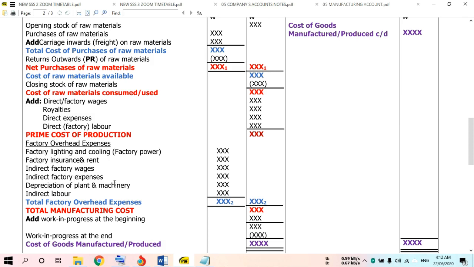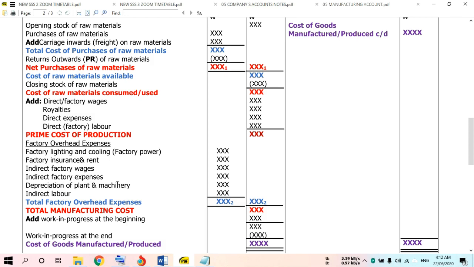But when it comes to depreciation, we may have depreciation of office equipment, or of plant and machinery, or of motor van, or of building, or of this or that. But the one thing that will come into the factory overhead is depreciation of plant and machinery.